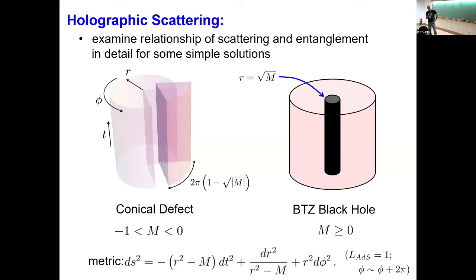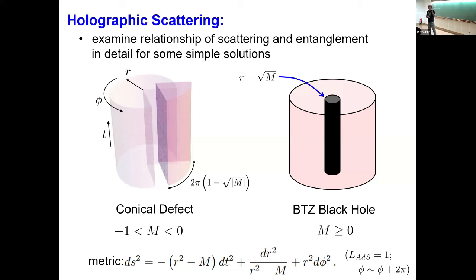And here I'm allowing m to take negative values between 0 and -1. Of course, if m is -1, i.e. I have a +1 here and here, this is just empty AdS space. When I'm in this regime here, I'm cutting out a wedge and gluing it together, and I have a conical defect at the center of the space.